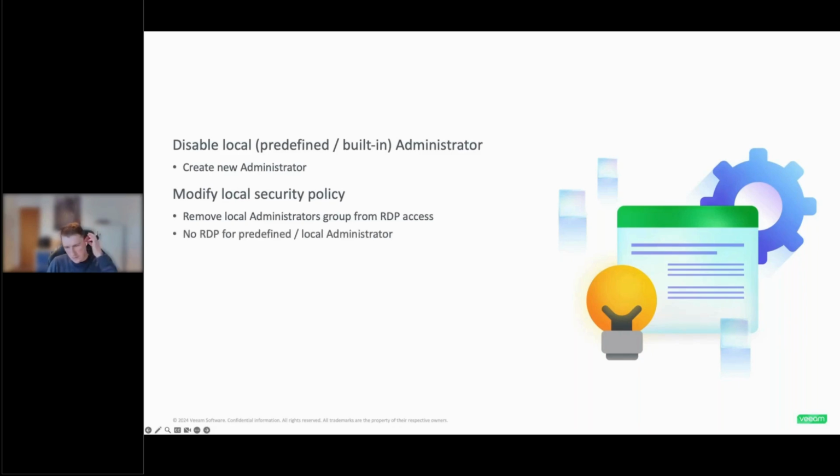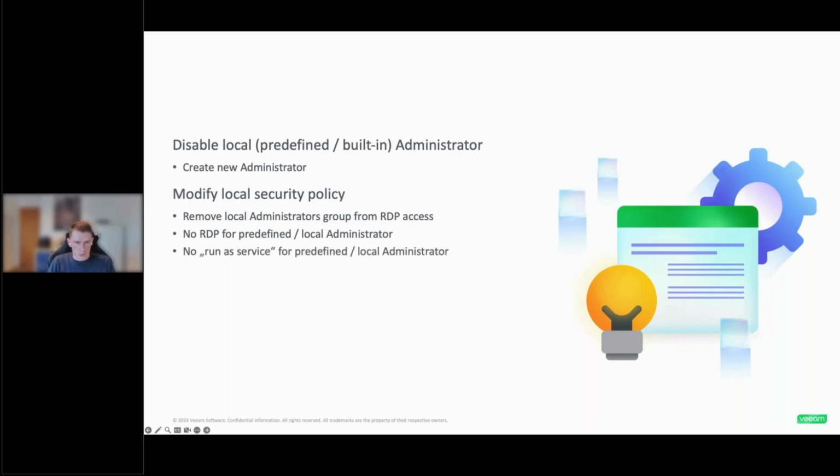You can think about a second layer. So you can think about denying the RDP access to the local admins, not only the predefined admin, but all the local administrators. So it's a kind of second layer to deny the access.